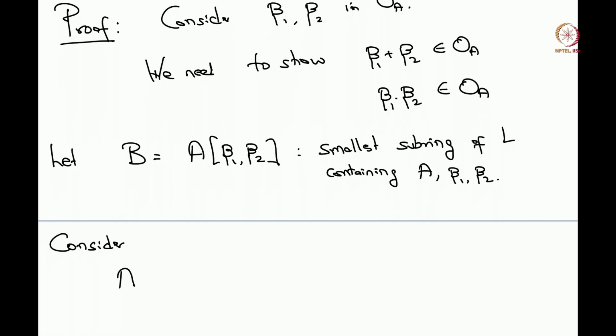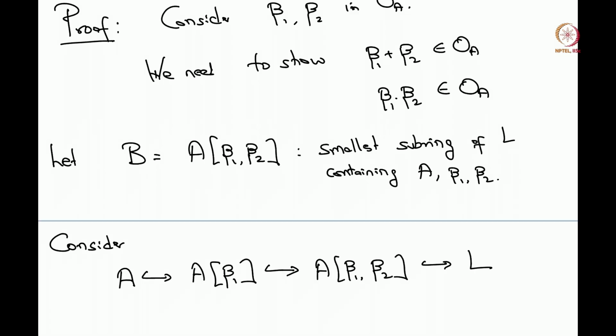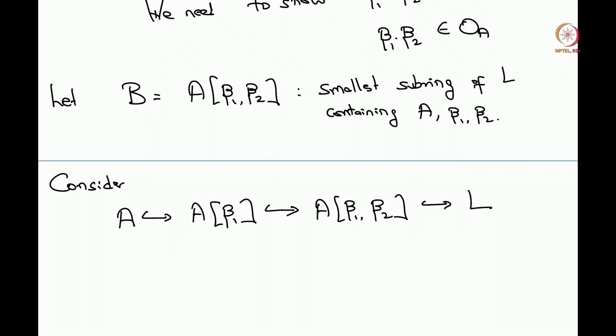So we have A, and it's contained in A beta 1, and this is contained in A beta 1 beta 2, and everything is sitting inside L. Okay, so the thing in the middle, A beta 1, let me just call it A1, and the next term, A beta 1 beta 2, I'll just call it A2 as well. So A2 is A1 adjoin beta 2.